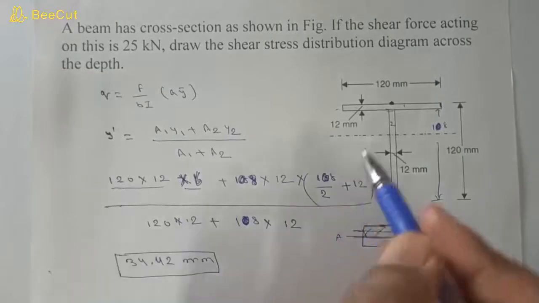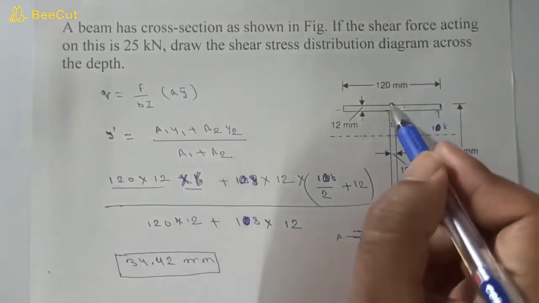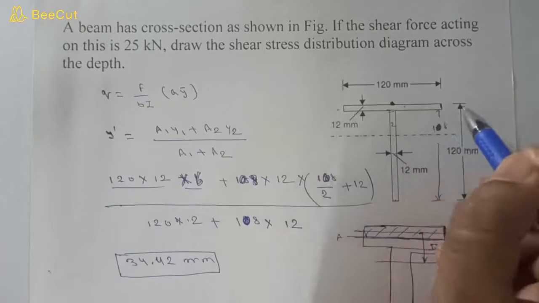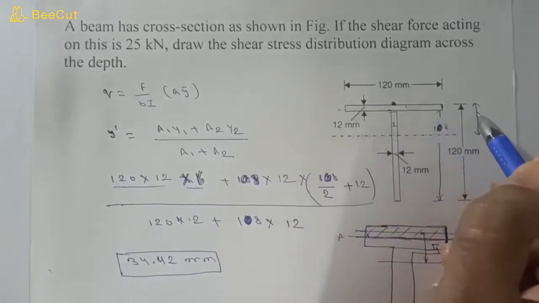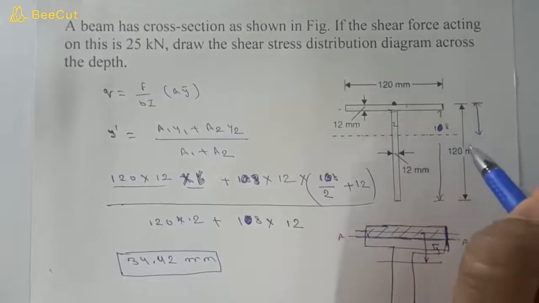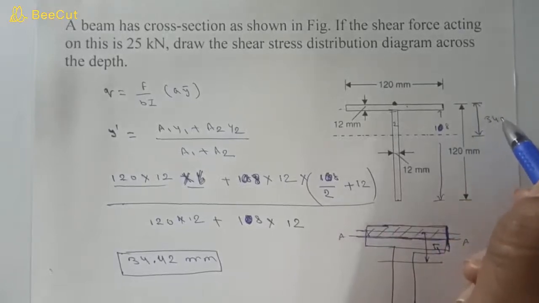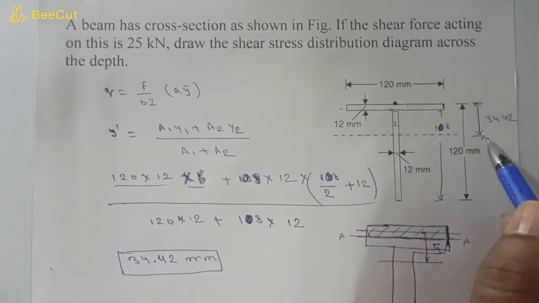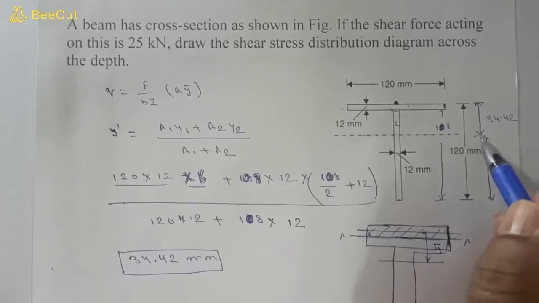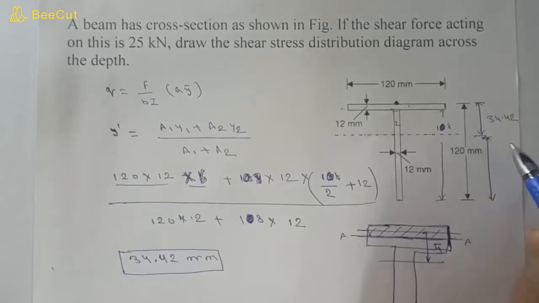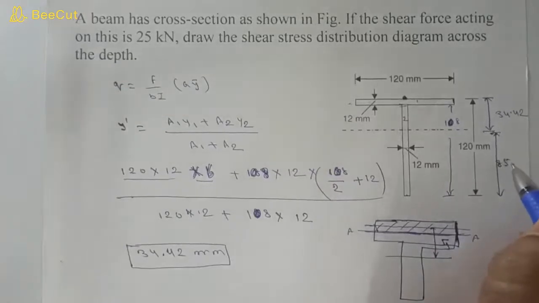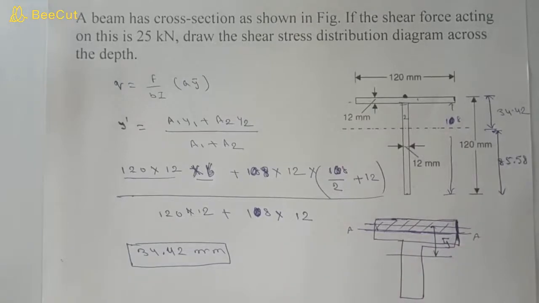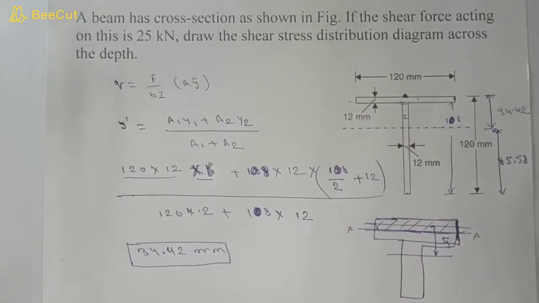So this is the centroid of this T section from this point, so this distance is 34.42. The remaining distance will be 120 minus 34.42, which is 85.58.